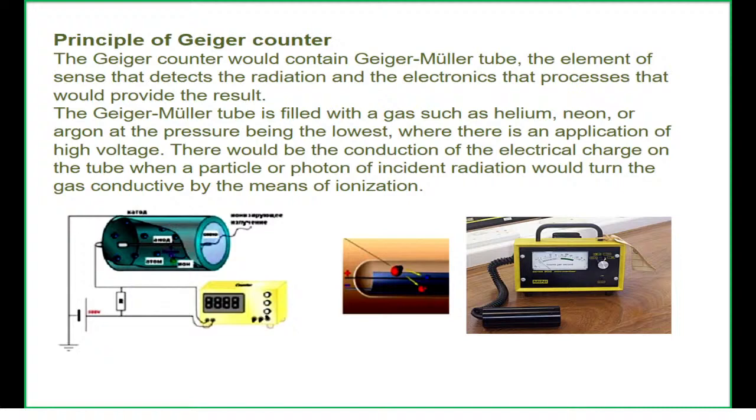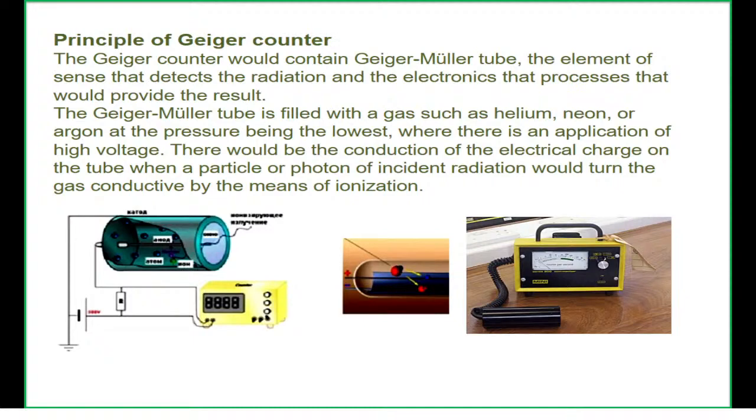The counter tube is filled with a gas such as helium, neon, or argon at a low pressure, where there is an application of high voltage. It is just the idea of the ionization used here. There would be a change in the electrical charge on the tube when a particle or photon of incident radiation turns the gas conductive by means of ionization.